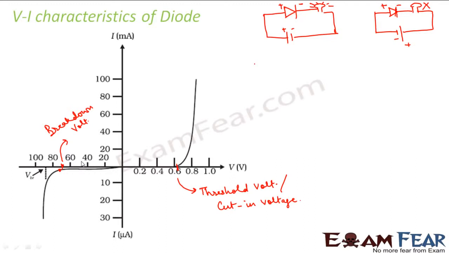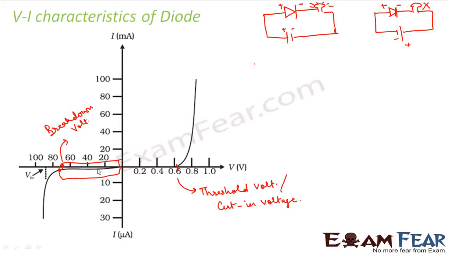But this is true only up to a certain value of voltage, that is the breakdown voltage. Beyond the breakdown voltage, the reverse current increases sharply with very little increase in voltage. In the previous slide, what we were talking about was for this region. I hope you got some idea from the VI characteristics of a diode.